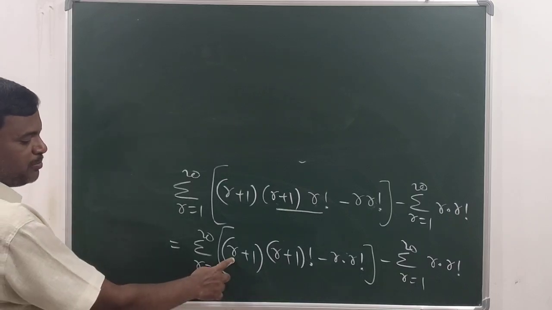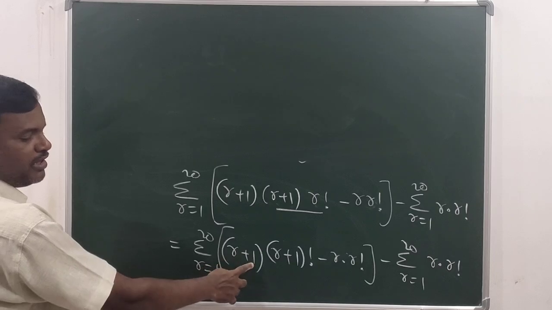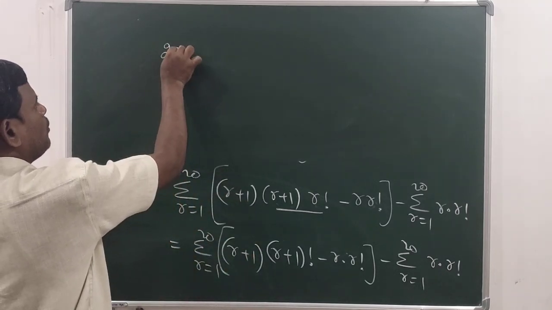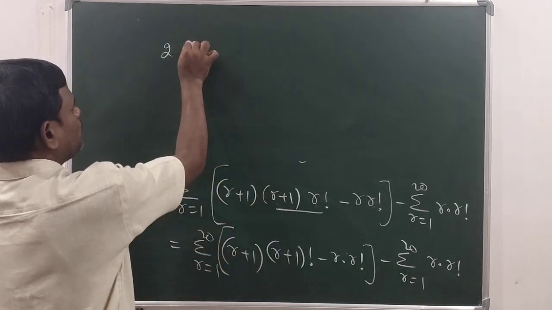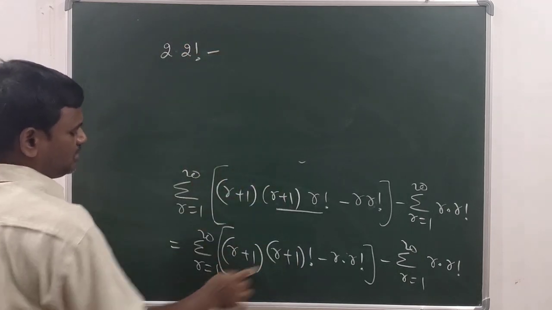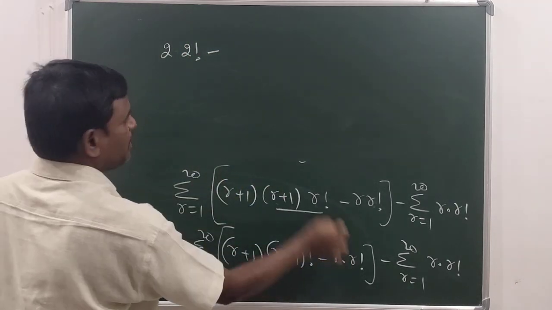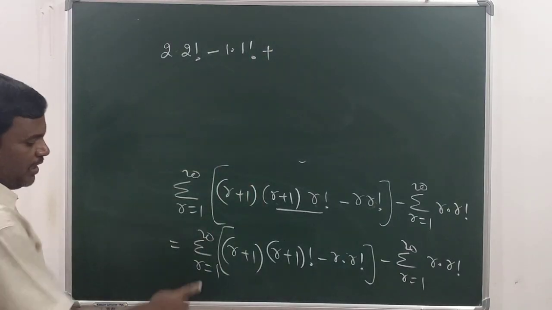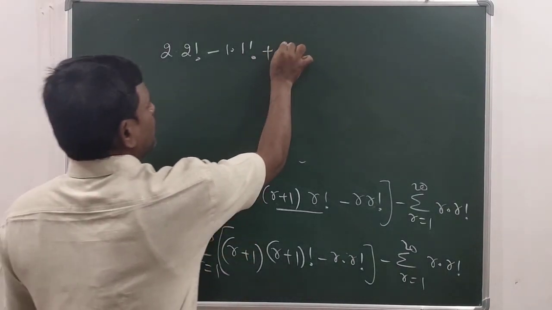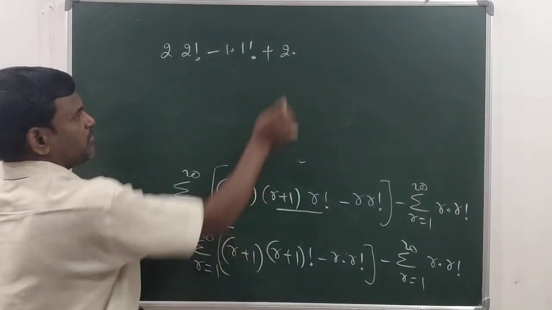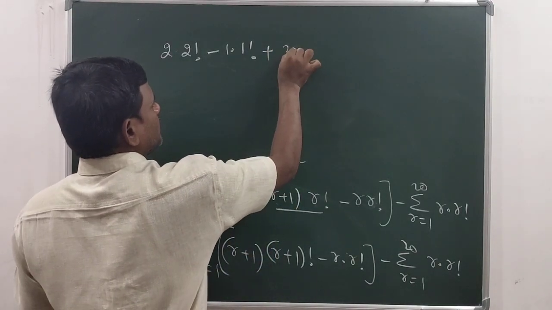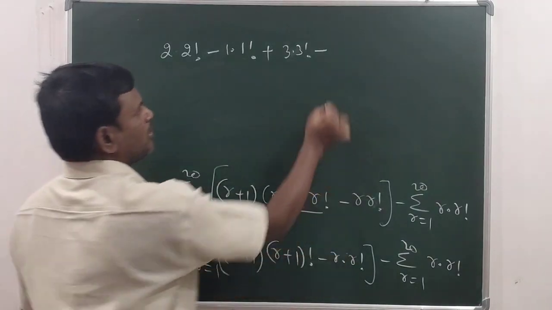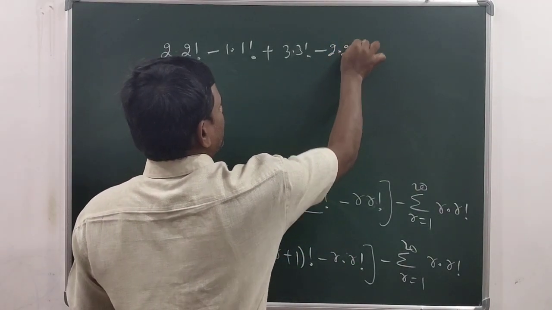So if you want, you can expand here. Put r equal to 1. If I write here 1, 1 plus 1, 2, 2 into 2 factorial minus 1 into 1 factorial. If I write 2, 2 plus 1, 3, 3 into 3 factorial minus 2 into 2 factorial.